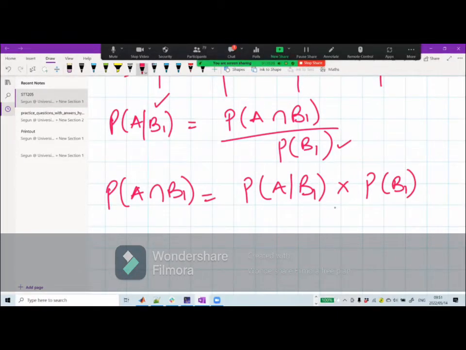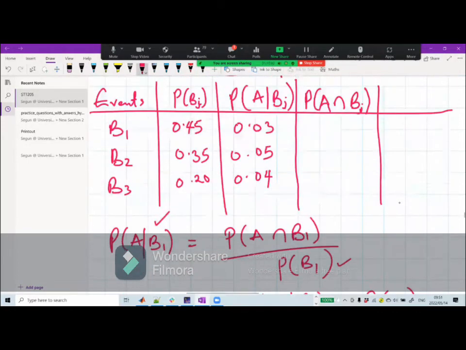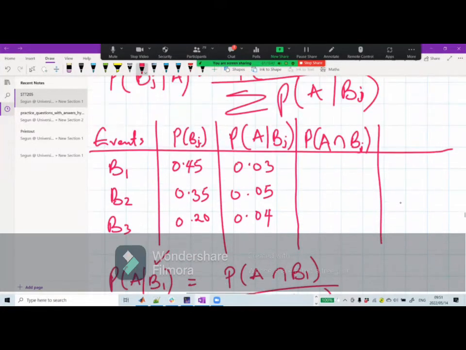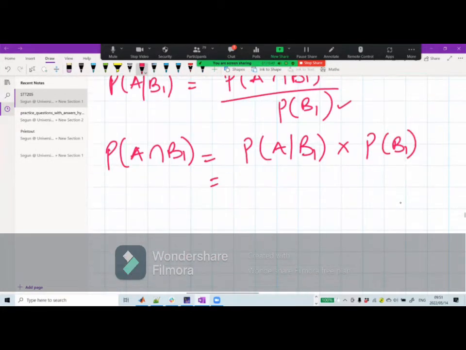So what is the probability of A given B1, please? It is there in your notes, 0.03, multiplied by the probability of B1, 0.45.